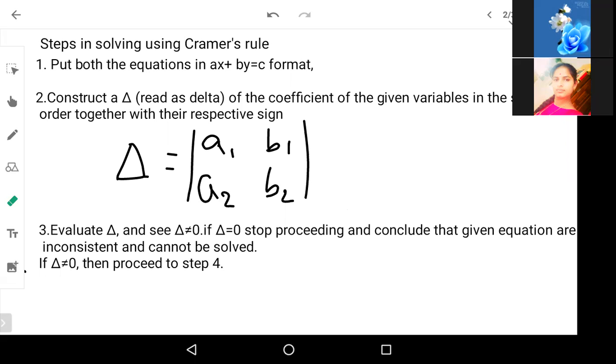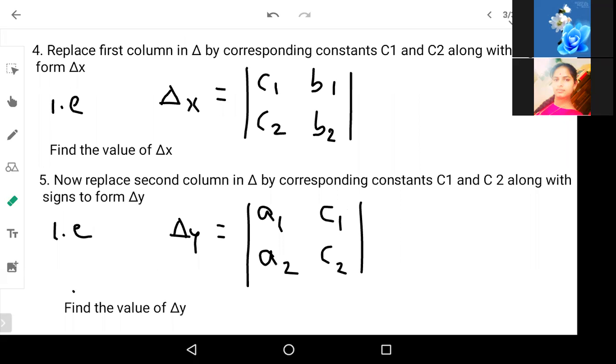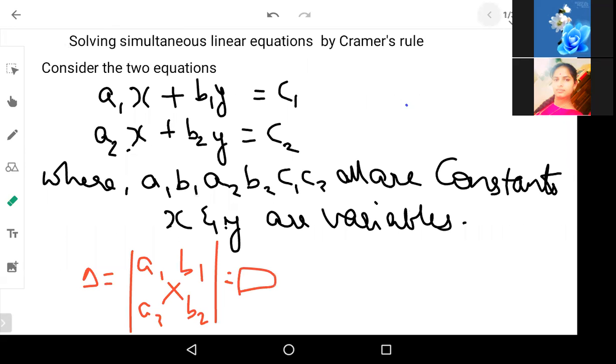Okay. Now let us go to step number 4, which I will explain here so it will be easy for you to understand. In step number 4, we will find something called delta x.